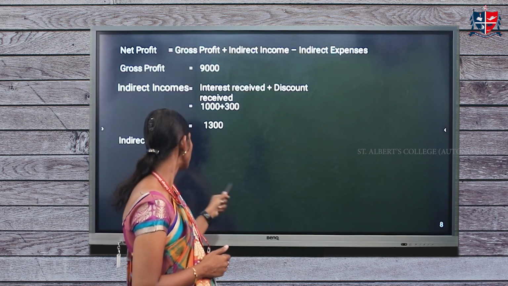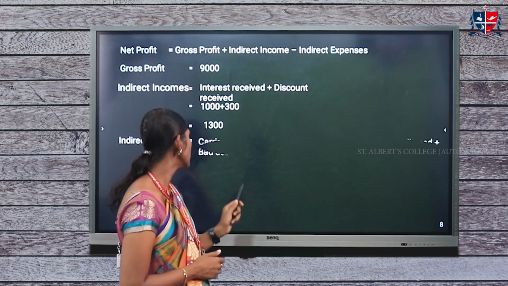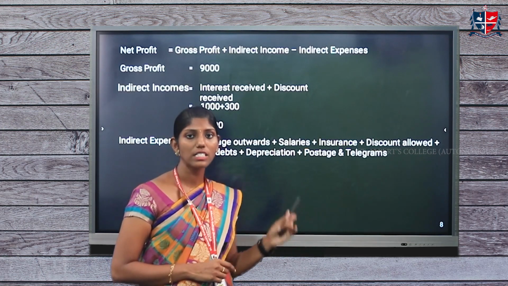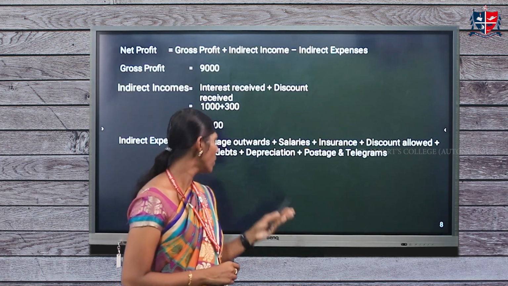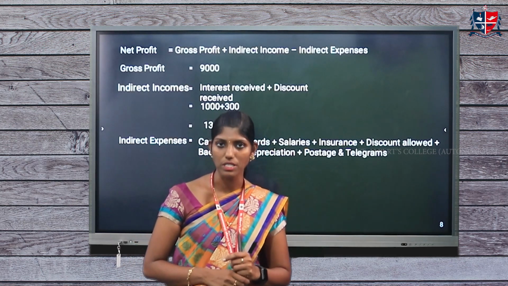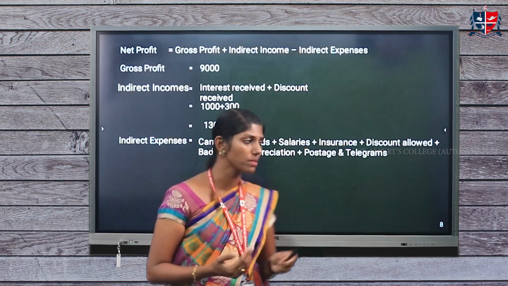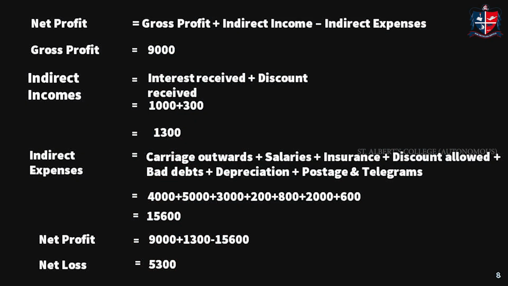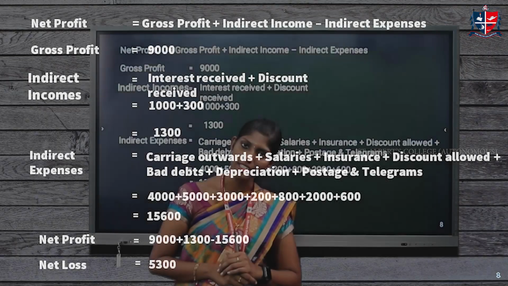For that, we have to add these items together: carriage outwards, salaries, insurance, discount allowed, bad debts, depreciation and postage and telegrams. While we are adding these items, we will get the indirect expenses. After adding these items, we will get 15,600 as the indirect expenses total.